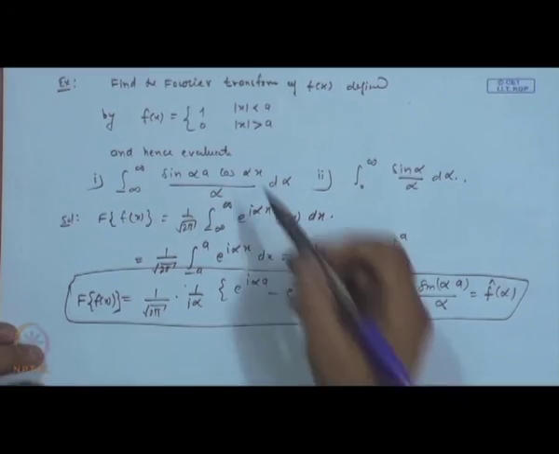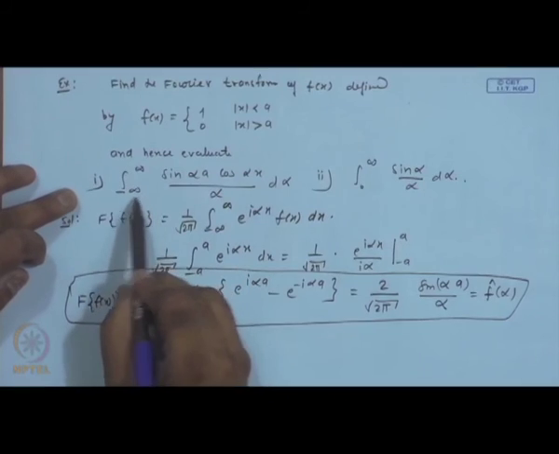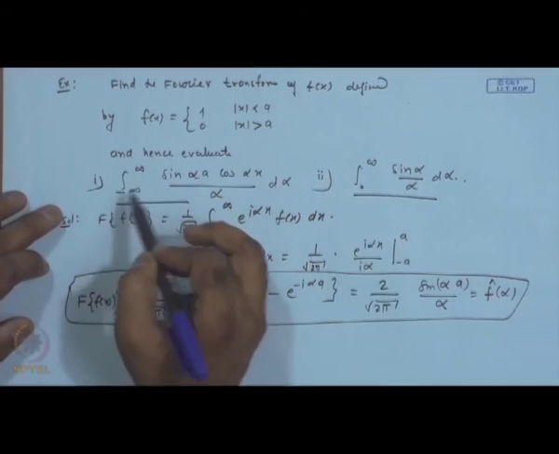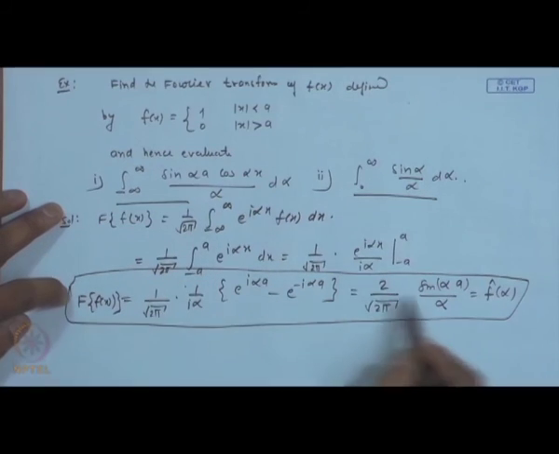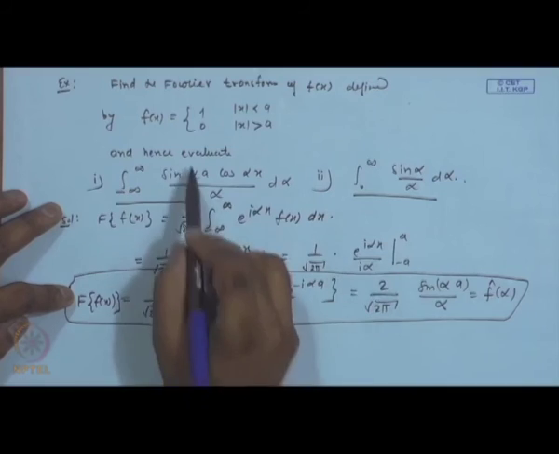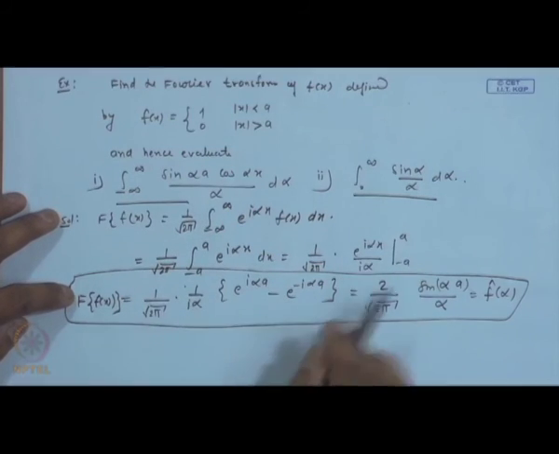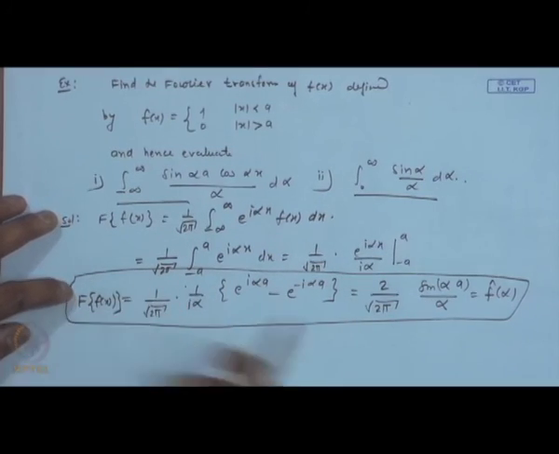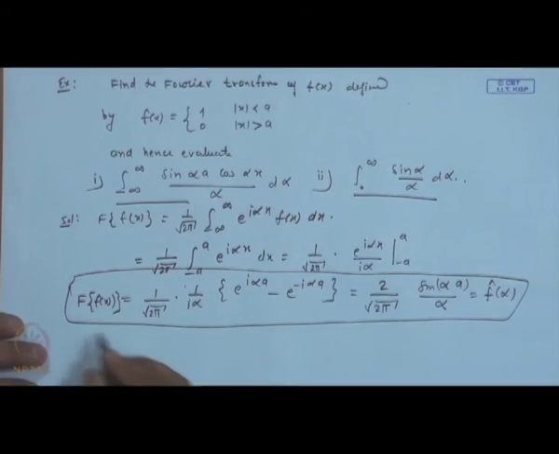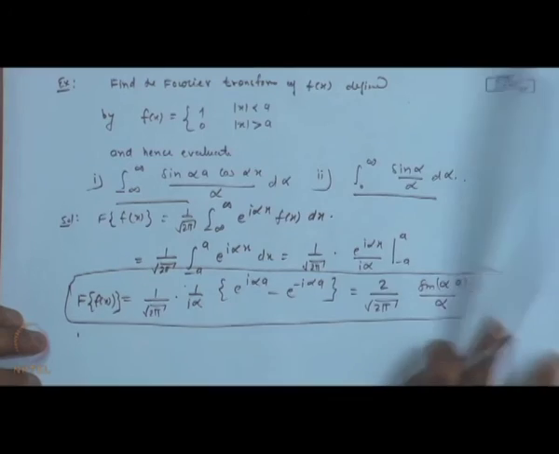Okay, now we go for the evaluation of the integral. We have two integrals there, and for such integrals we can take the inverse Fourier transform, and this factor will sit inside the integral, and we know already that f(x) is equal to that integral, so we can get the value.